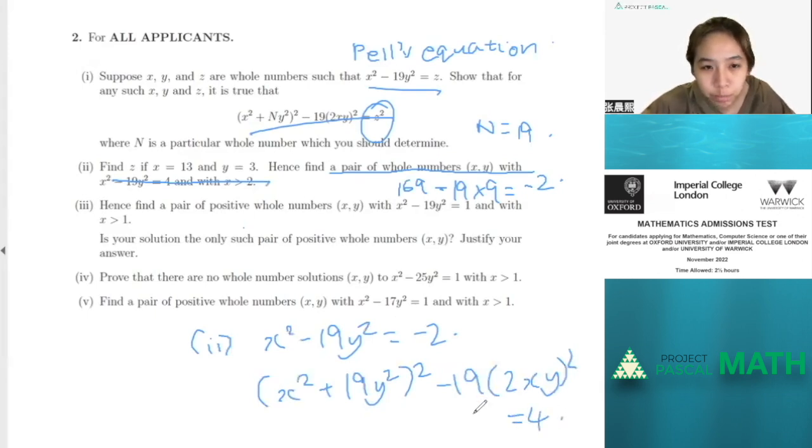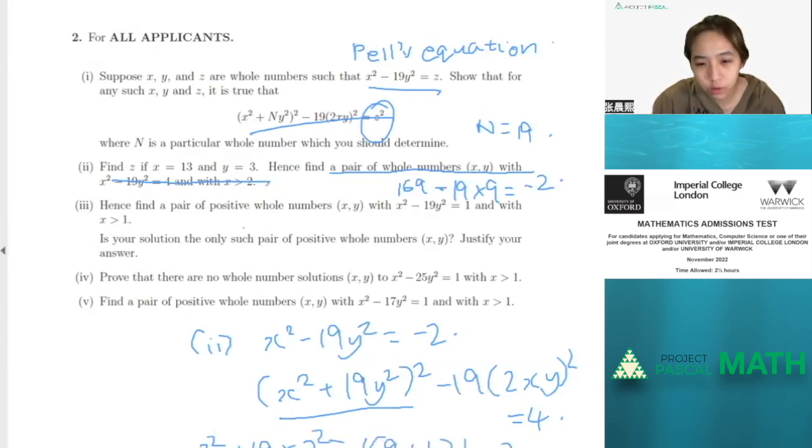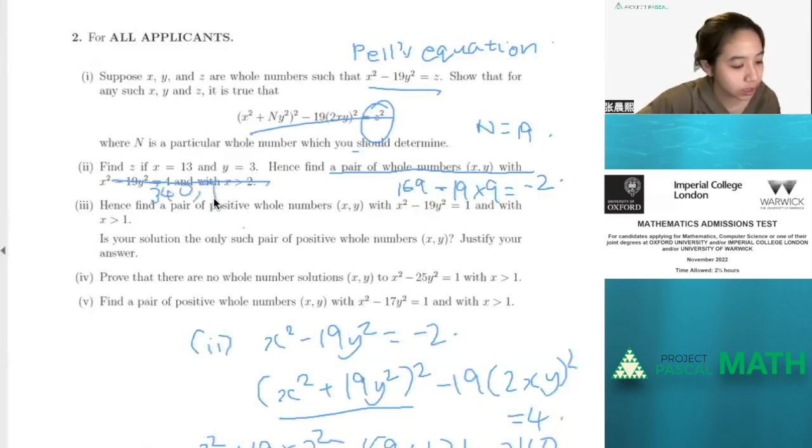And so you sub in this x, which is 13 squared plus 19 times 3 squared, giving you 169 plus 171 equals 340. And the other one is y, which is 2xy, and that gives you 78. And so the two solutions are 340 and 78.